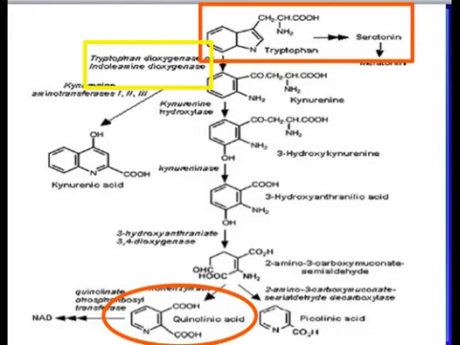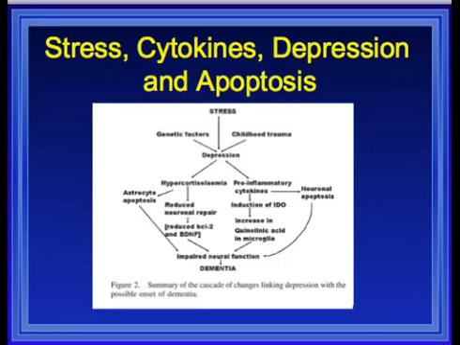Here you have the same illustration. Tryptophan should be going into serotonin, but you've got IDO over here that then converts the tryptophan through a bunch of different levels into quinolinic acid, which is excitotoxic to neurons. Once again, we look at stress, genetic factors, environmental factors leading to depression, leading to inflammatory cytokines and hypercortisolemia.